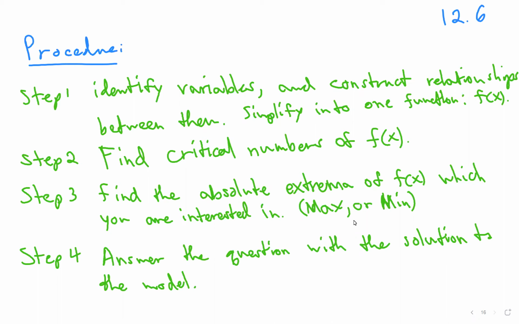This then allows you to do step 2, which is finding the critical numbers of your f of x function. If you're able to find the critical numbers of your f of x function, then you should be able to find the absolute extrema of your f of x. And so you can find either the maximum or the minimum on a particular domain that you're looking at. And then you would answer the question with the solution to the model.